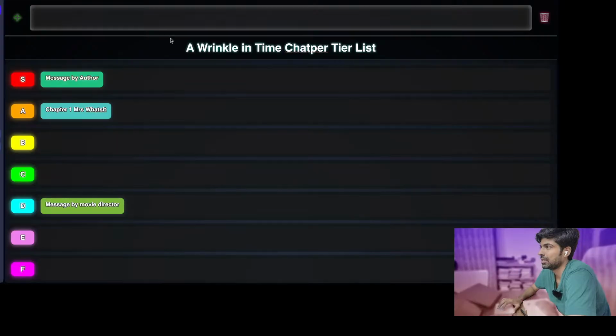What was this chapter? I mean, the spectacles in the illustration definitely make sense now because Mrs. Who was wearing them. But what is this chapter?